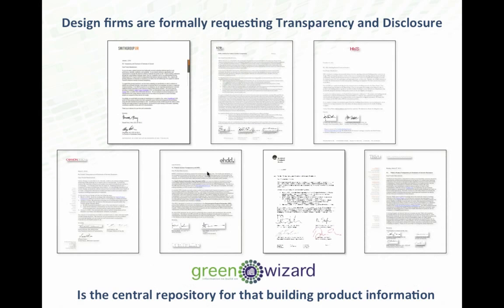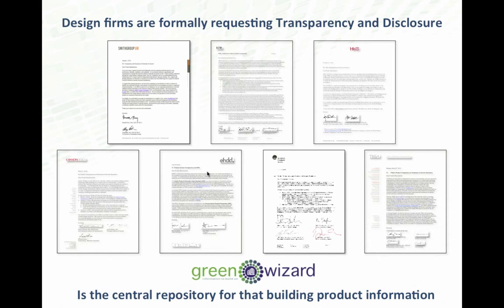Something really important that I wanted to share specifically on this call is that a lot of the key design firms in the industry have taken a very powerful stance on a lot of the criteria in version 4. These firms have really dug in and written disclosure and transparency request letters, from their directors of sustainability directly to the manufacturing community, asking for HPD information, EPD information, and the level of transparency that's now required in LEED v4.